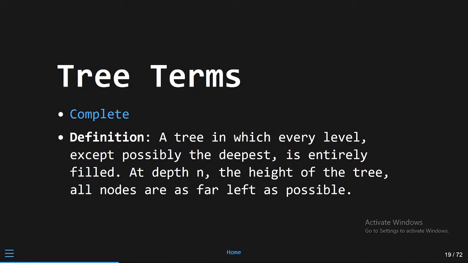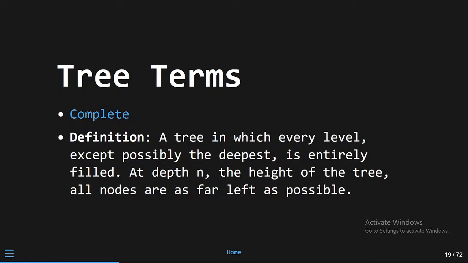I'm introducing one additional term to refer to trees. This term is complete. It is complete relative to, I think I call them arities, but a binary tree can be complete. And what makes a binary tree complete is that its last layer is filled out all the way.